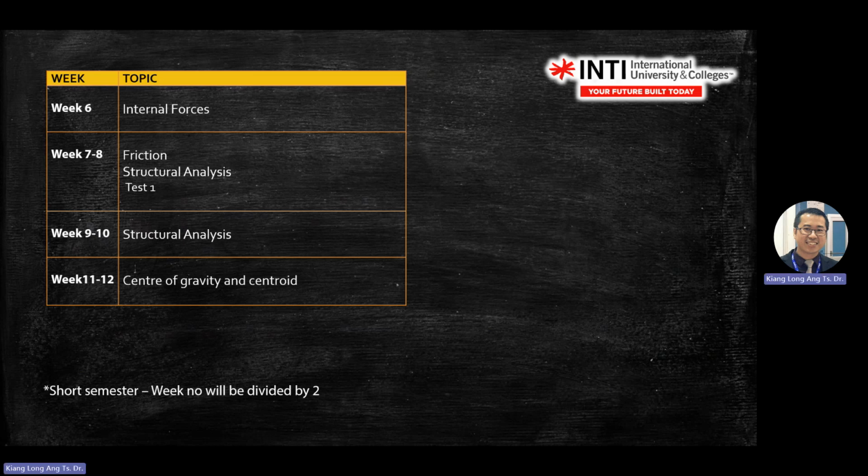If you miss one lecture, one tutorial, you will be prompted attendance less than 80% at week 4. Okay, so as you move on, you accumulate, you will time 80%.